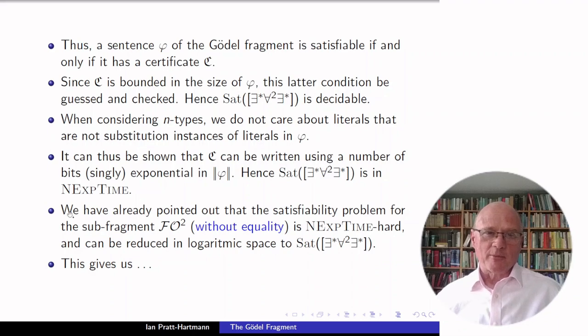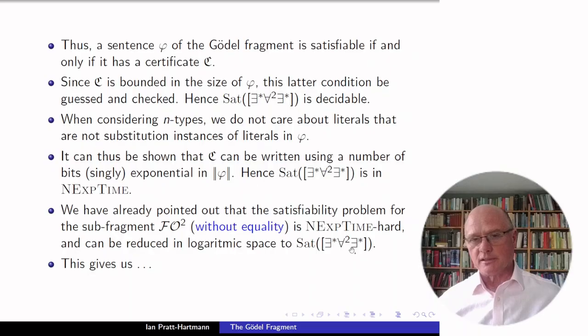What about the matching lower bound? Well, we've already pointed out that the subfragment of the first-order two-variable fragment in which there's no equality can be reduced in logarithmic space to the Gödel fragment, and we showed in a previous lecture that the former fragment is NExpTime hard.